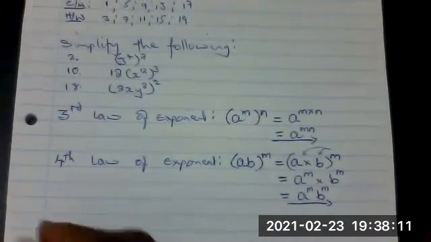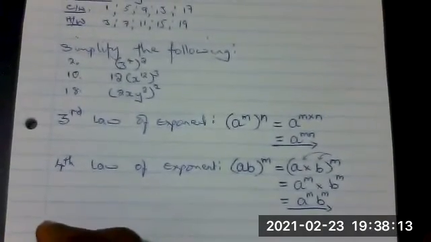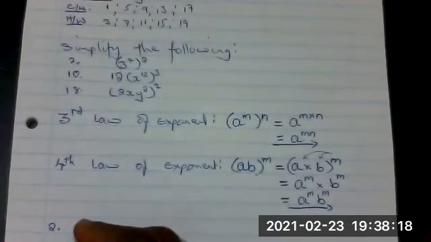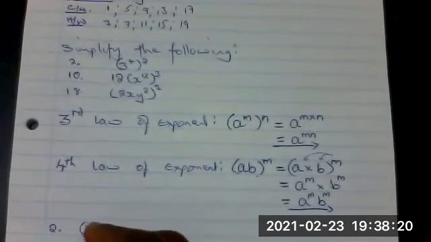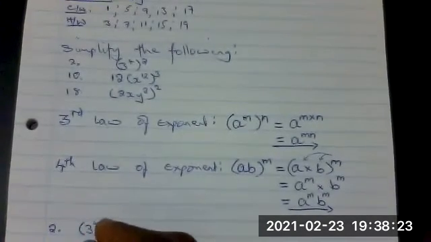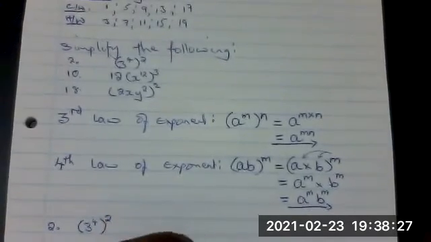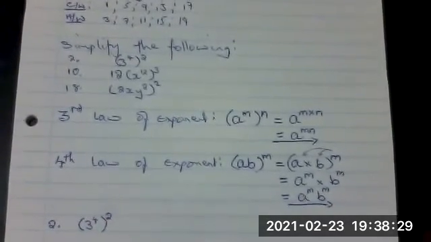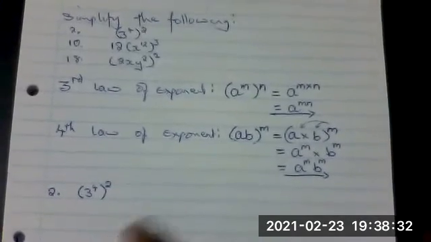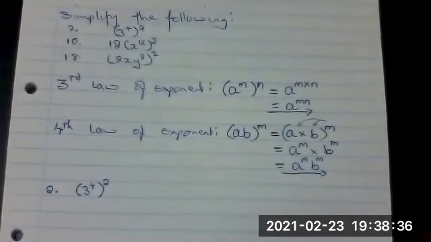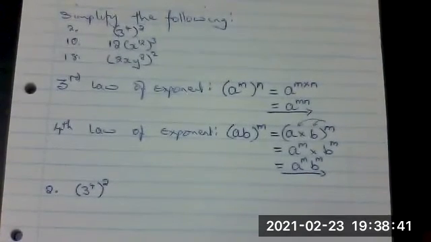Now, let us look at the specific examples that we have here. Number 2: we have 3 to exponent 4, and this 3 to exponent 4 is raised to exponent 2. Allow me to make use of the first law first, then adjacent to it, I'm going to make use of the third law.